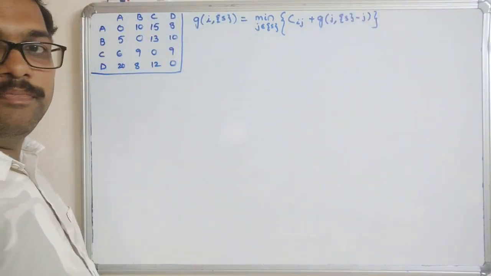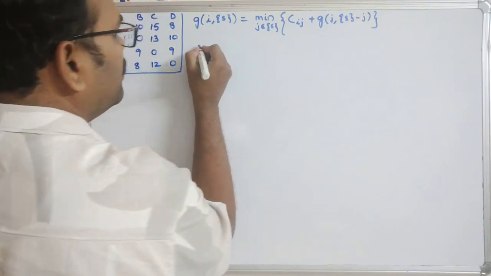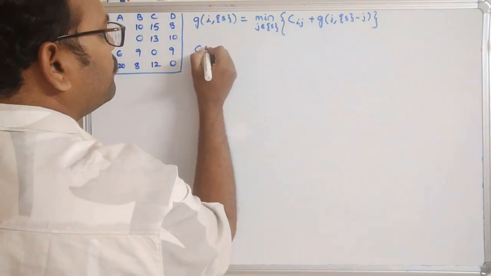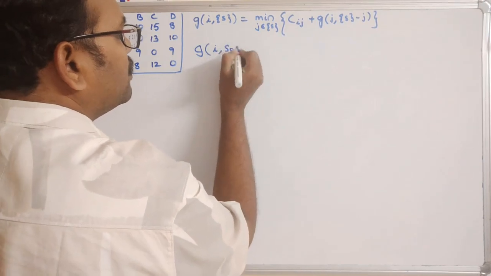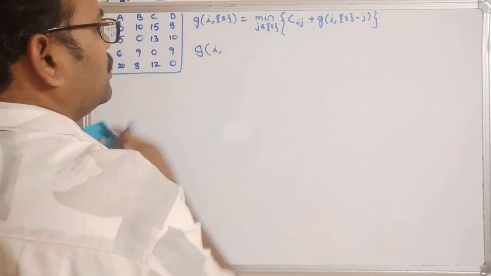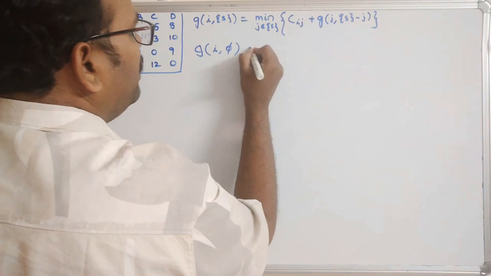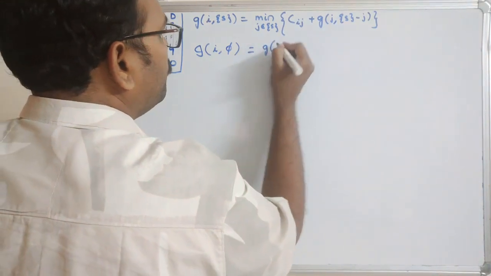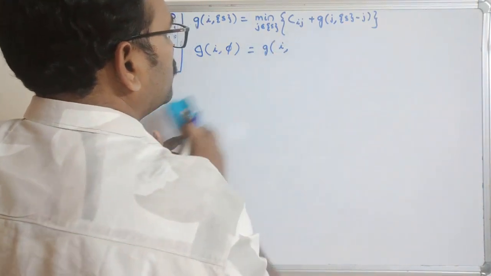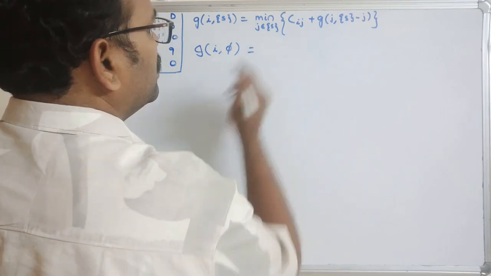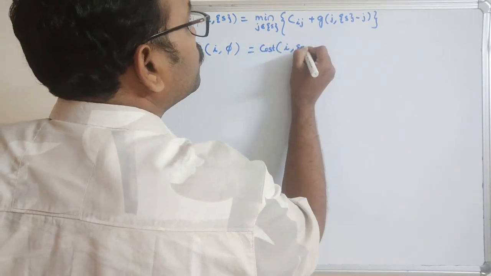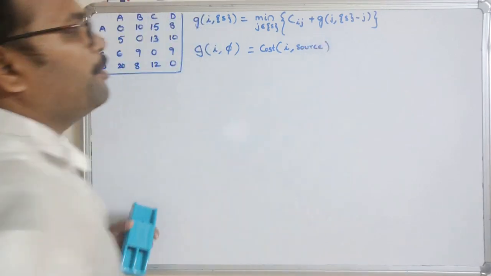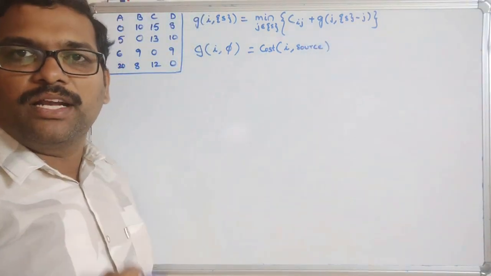This is one formula. And another formula: G of i comma phi is equal to cost of i comma source. So we need to remember these two formulas before starting the solution.